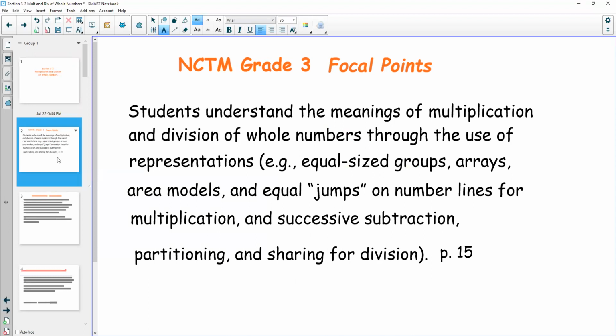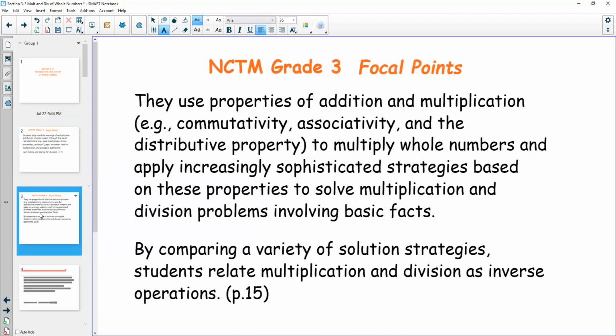But the idea in standards is very much that kids have to understand lots of different ways to represent multiplication and division so that they really get what it's about, that it's more than just times tables. Kids have to use properties of addition and multiplication to multiply numbers, to use more sophisticated strategies, to apply those things to solving problems.